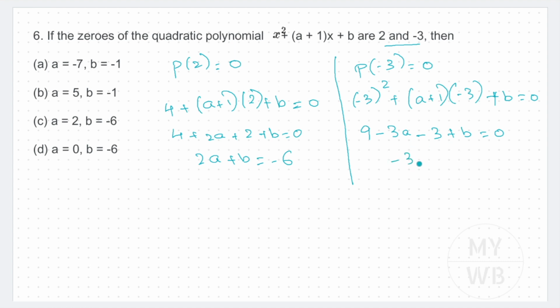So minus 3a plus b is equal to minus 6. So these are our two equations in terms of a and b. We need to solve for them.